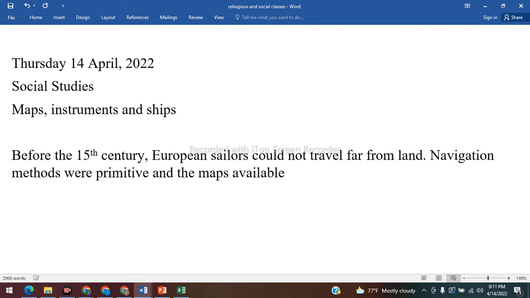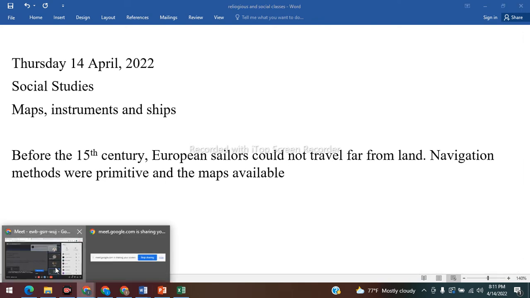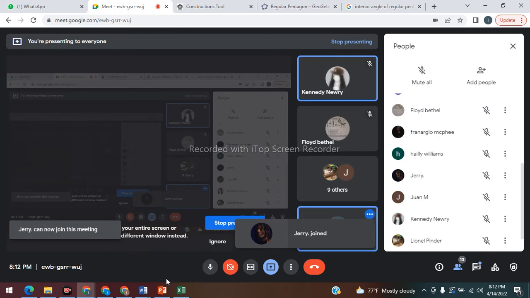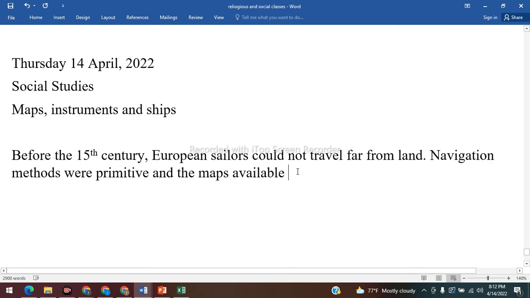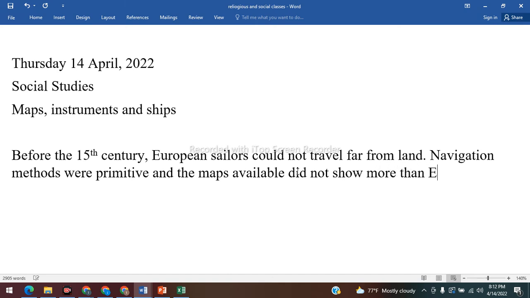And the maps available, primitive means simple, right? The maps available did not show more than Europe, the Mediterranean, and part of the African coast.